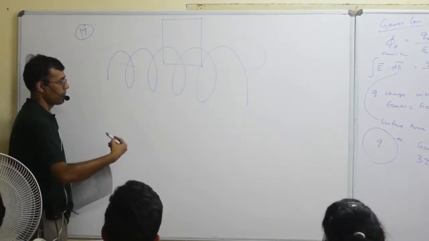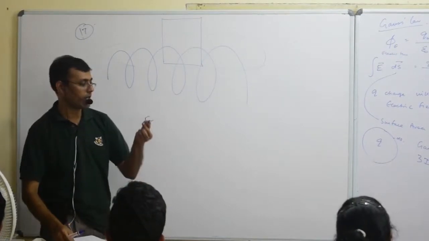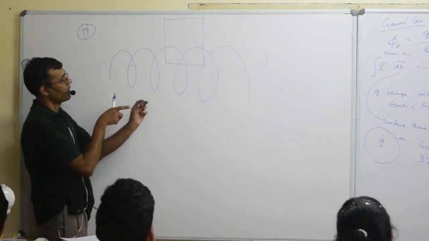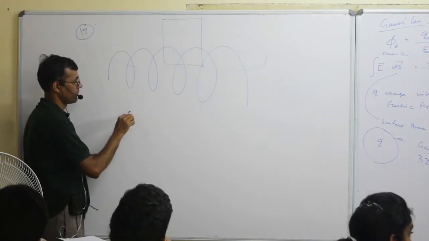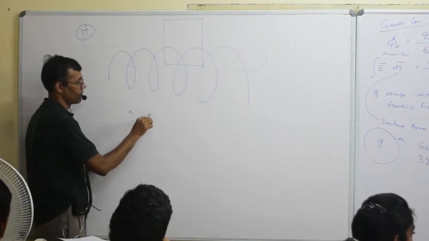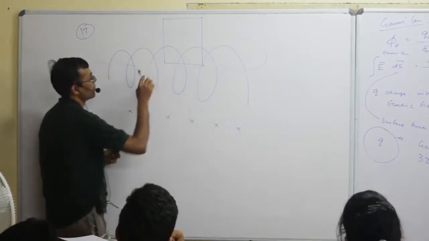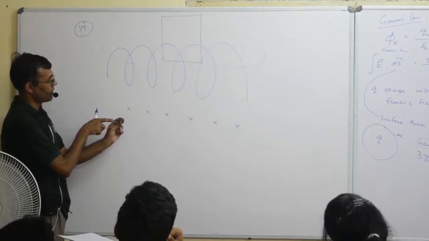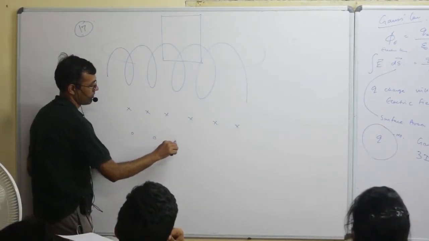In a solenoid, if I take a solenoid like this, at one point the current is going in and at another point it is coming out. Another way of showing this is, here it is going in through these wires, and the other point is coming out. So this would be shown like this.